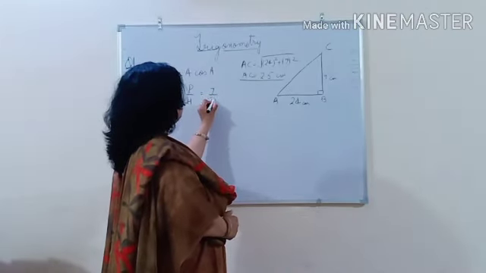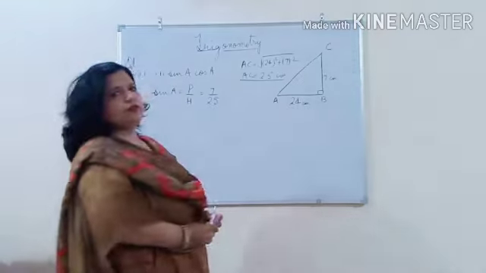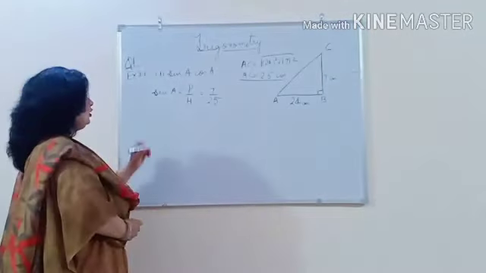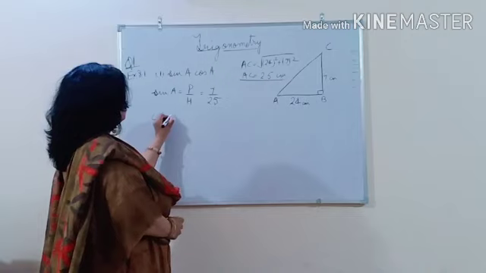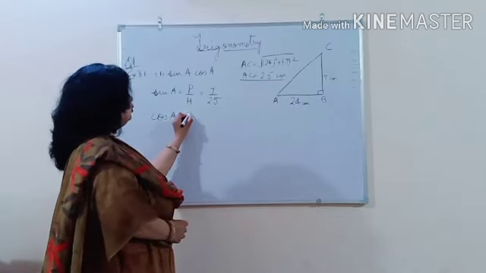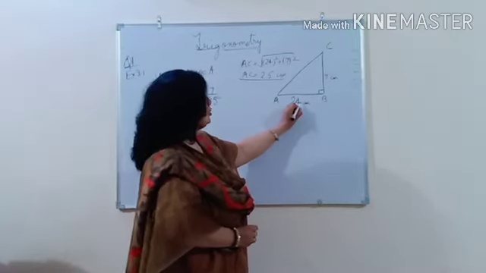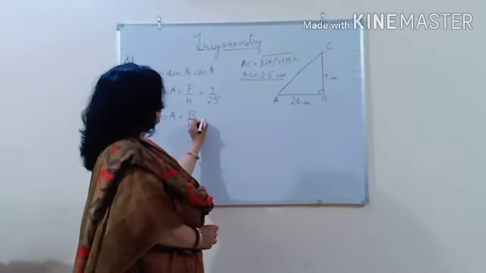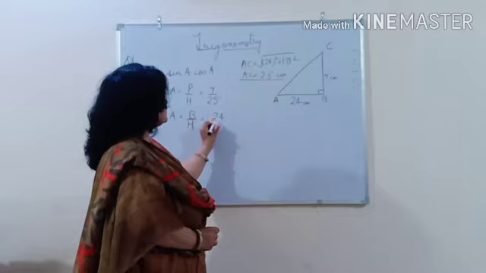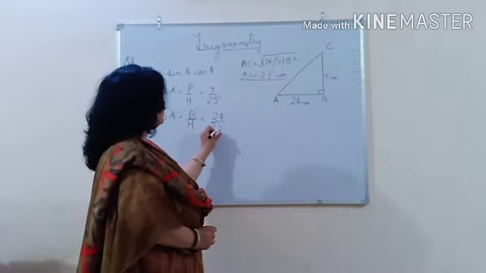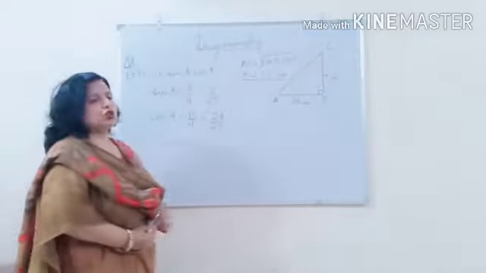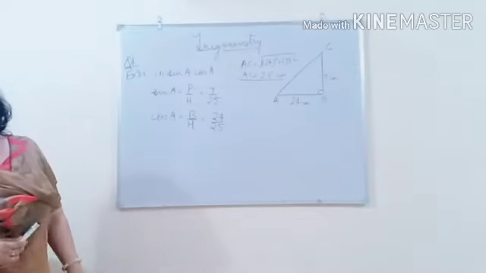So this will be 7 by 25. Now let us find cos A. Cos A will be equal to base upon hypotenuse. Base is 24 and hypotenuse we have calculated as 25. So the ratio will be 24 by 25.